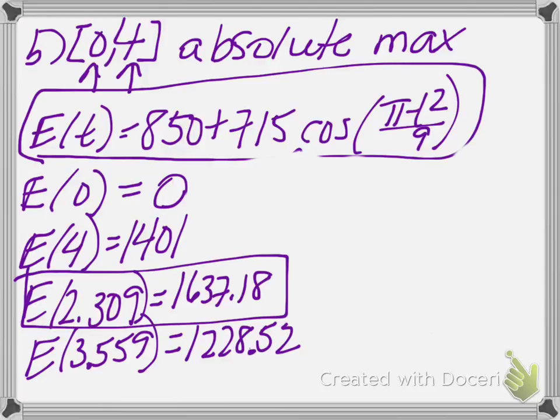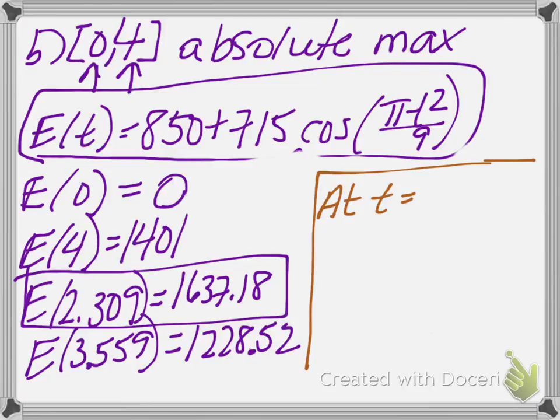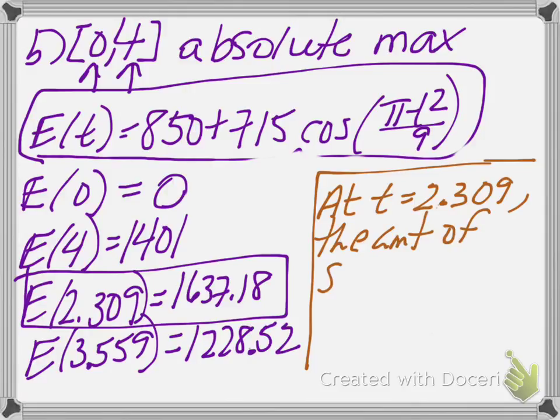So let's go back and read the question so that we can answer it properly. Okay, we'll put our answer in this little gold box. Okay, so at what time is the amount of sewage in the treatment tank the greatest? So you're going to say at t equals 2.309, the amount of sewage was the greatest.